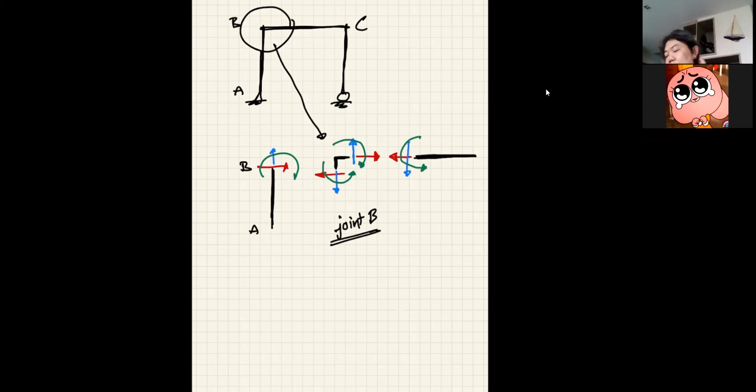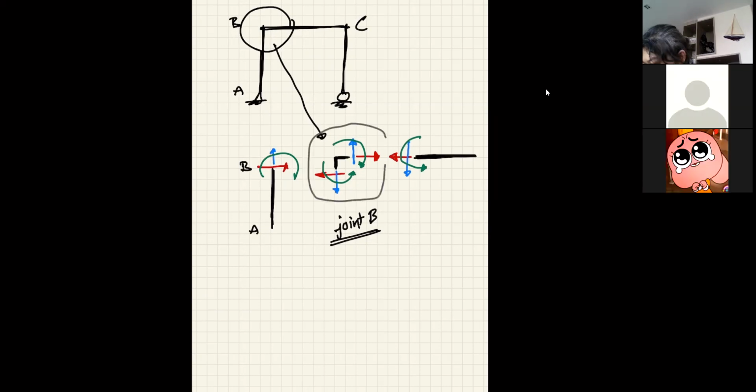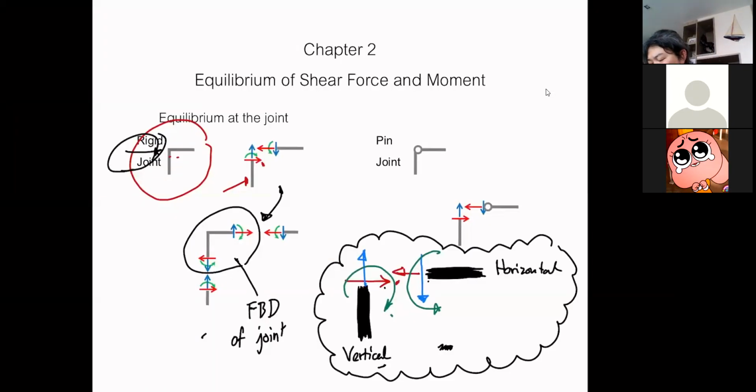So we can easily overlook or not draw this, because when you look at members AB and BC, this is exactly what I drew here, right? Ta-da! It's exactly the same, because these two free body diagrams do not include the free body of the joint.